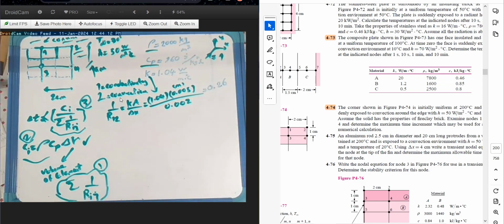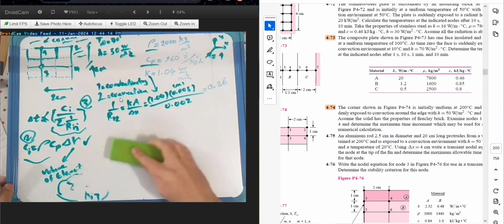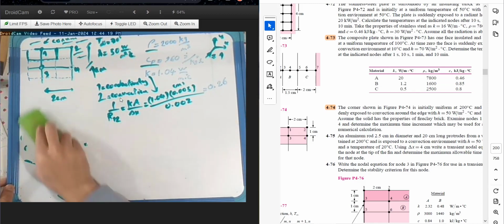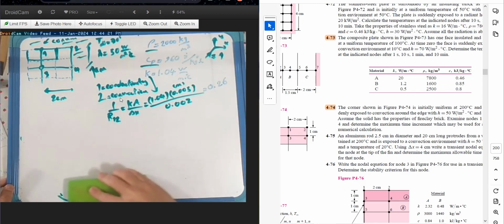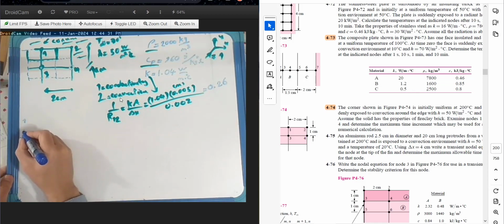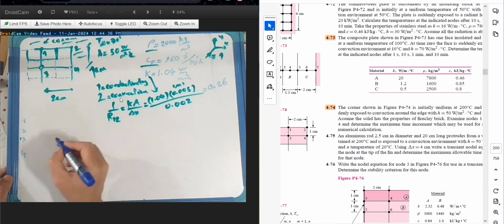Okay, let me raise this zone and let me just draw a table for all points: 1, 2, 3, and 4.